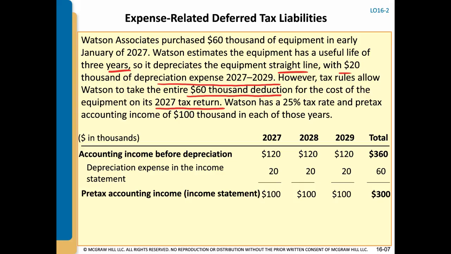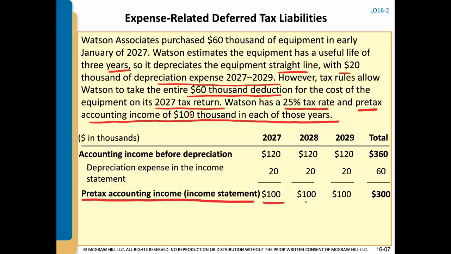And Watson has a 25% tax rate and pre-tax accounting income of $100,000 in each of those years. So when it says pre-tax, I want to highlight this right here. The pre-tax that they're talking about is $100,000 per year. This is the financial reporting pre-tax accounting income.